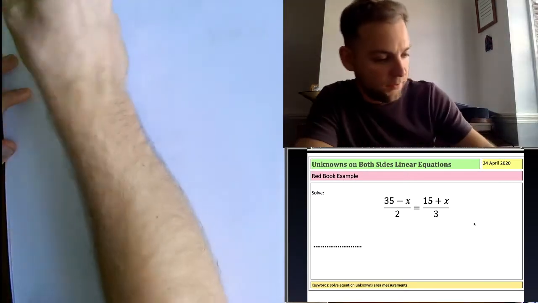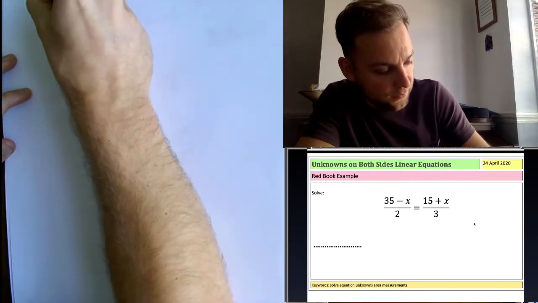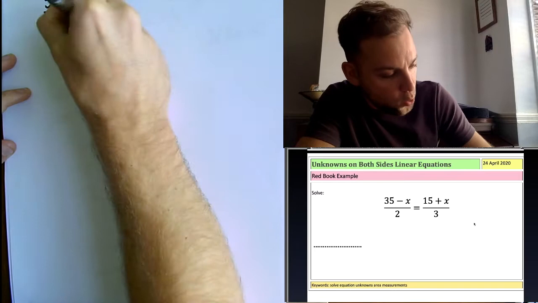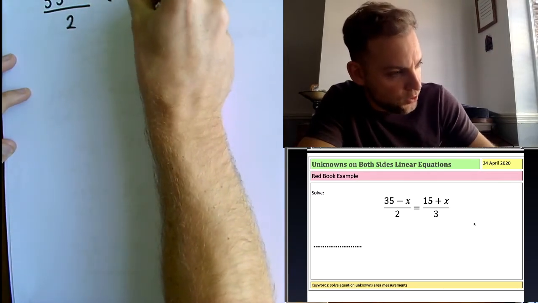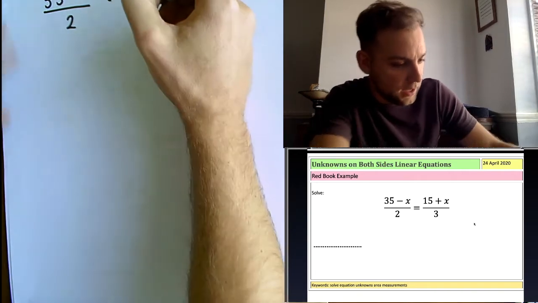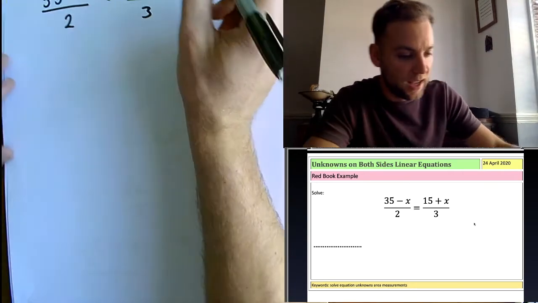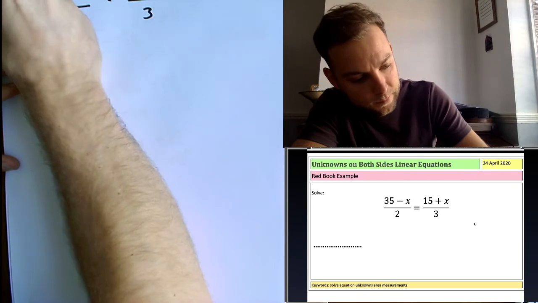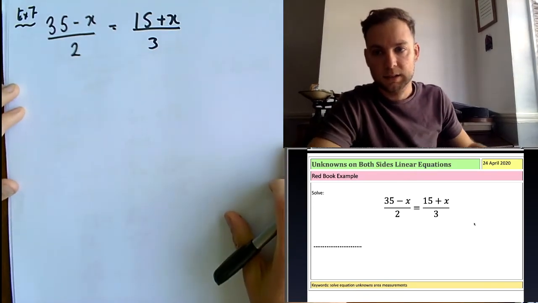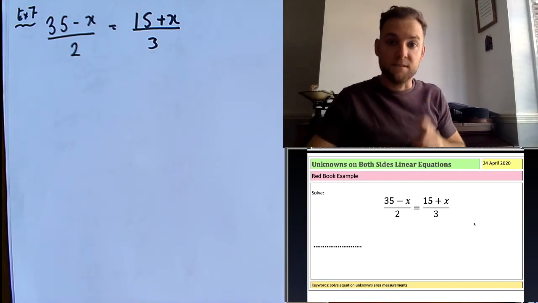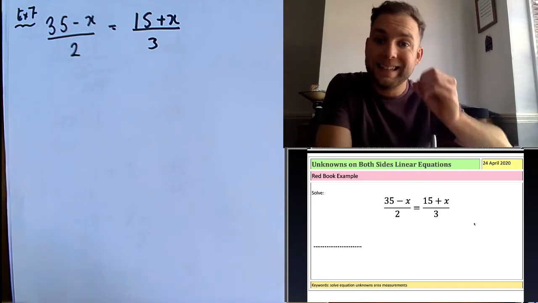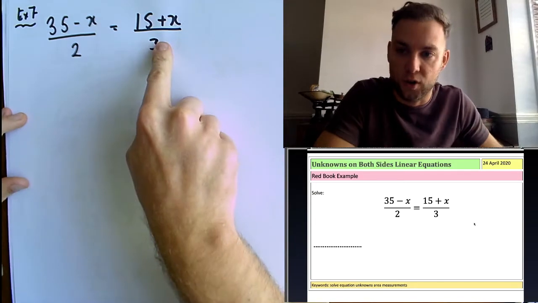So with this one here, I've got 35 minus x all over 2 is equal to 15 plus x divided by 3. This here is example 7. Okay, so with this one here, very similar to the last one, we need to get rid of those fractions first.